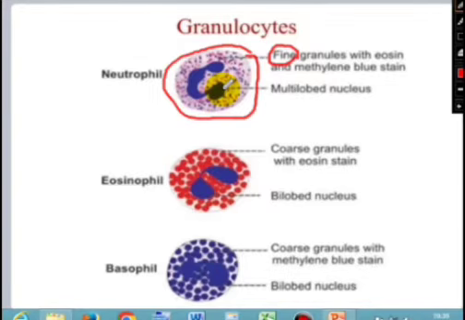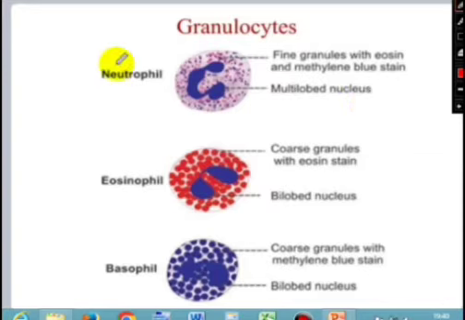Examine the structure very well. Okay, you have the cell here, and this is the cytoplasm. And then you can see something like dots in the cytoplasm. These dots.